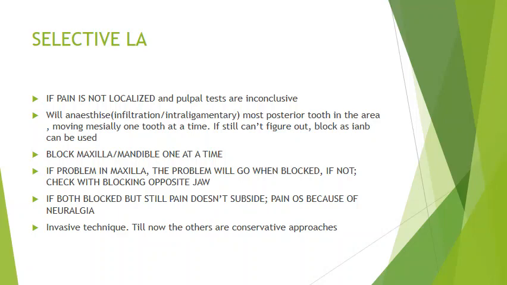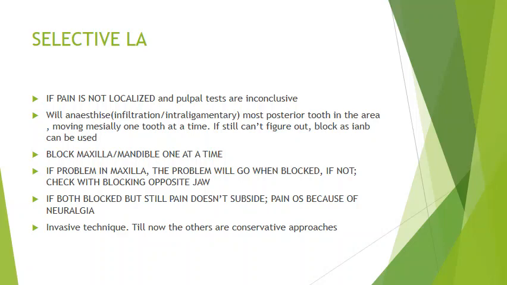We will anesthetize, by infiltration or intraligamentary, the most posterior tooth in the area, moving one tooth at a time. Let's say we have given anesthesia to the most posterior tooth, and if the pain is still there, we can rule out that that tooth is the cause. So we will anesthetize the tooth mesial to it.